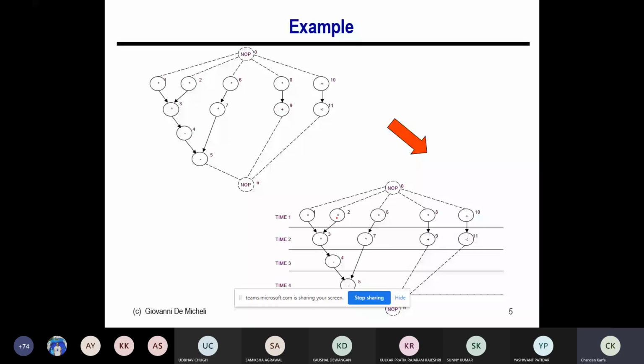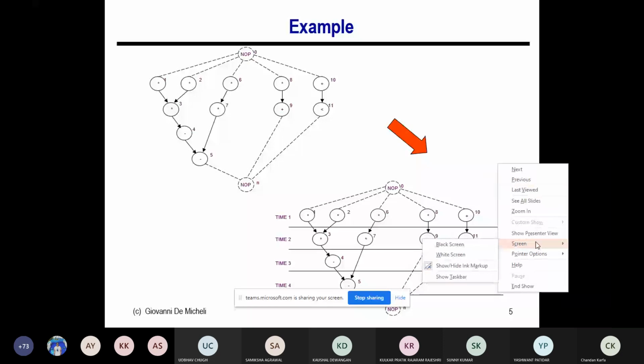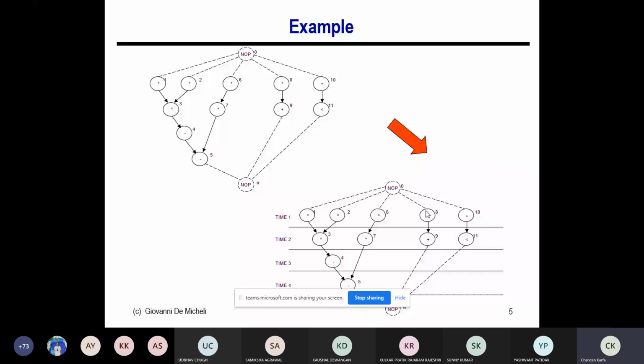In general, you decide the time step for each operation, so the start time of each operation. The way I have shown the graph here is single cycle, but you can have, for example, a multiplier that is 2 cycles, so it will be scheduled like this.